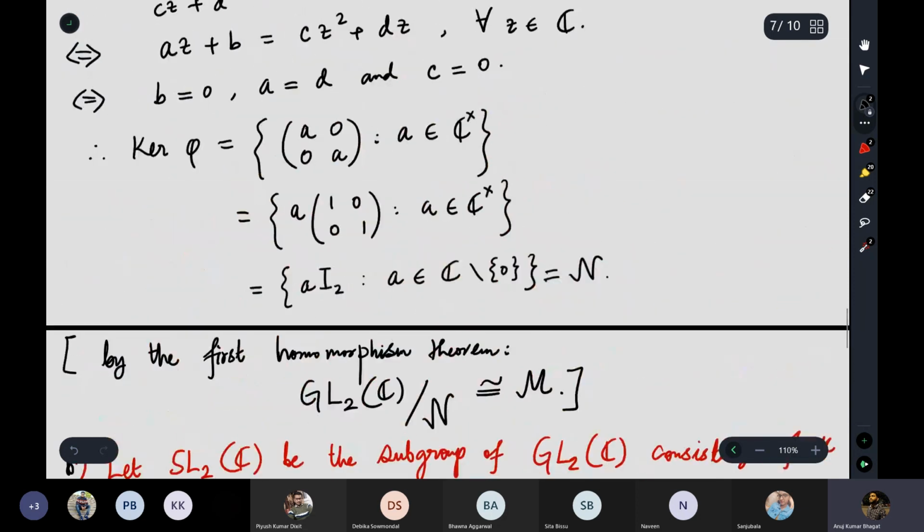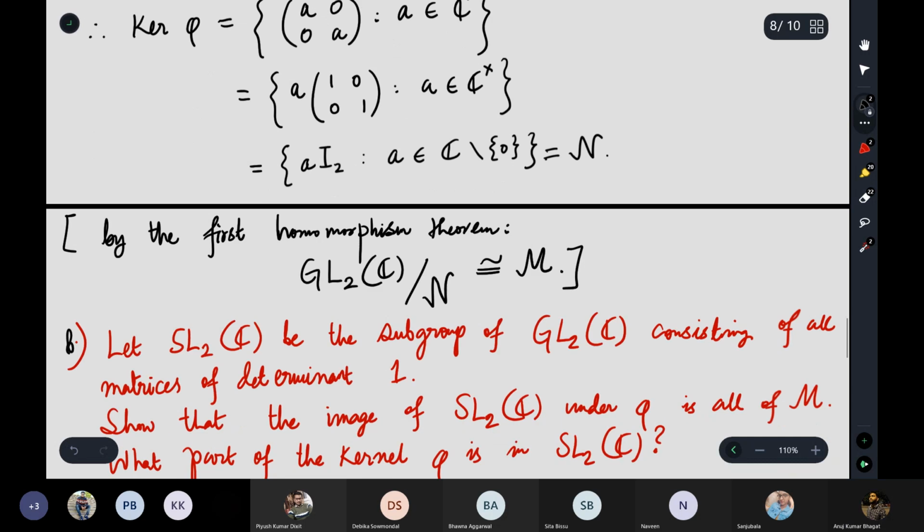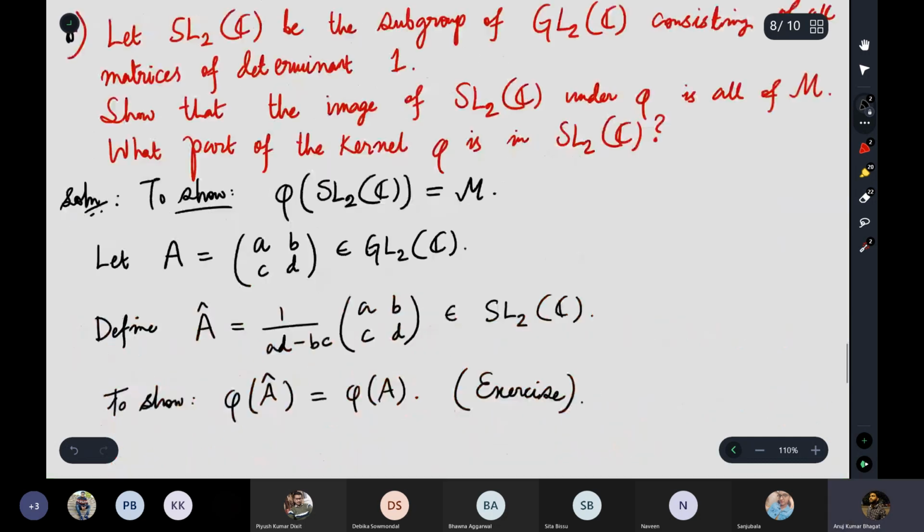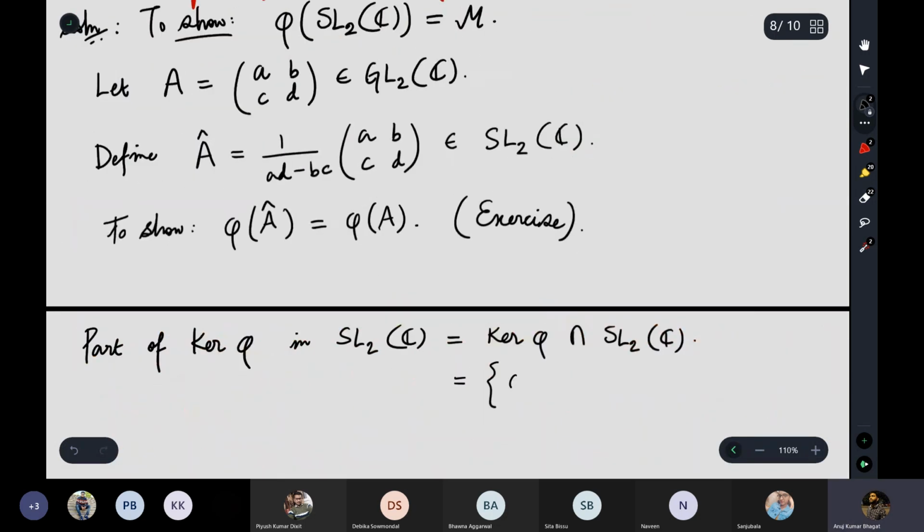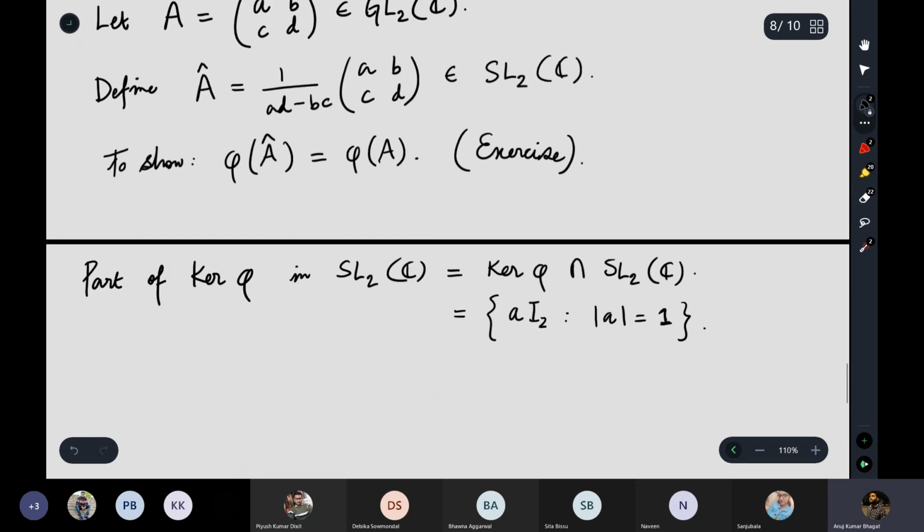So can you tell me what is the answer then? Sir, mod A equal to 1. Right. So this is nothing but all those AI such that mod A equals 1.